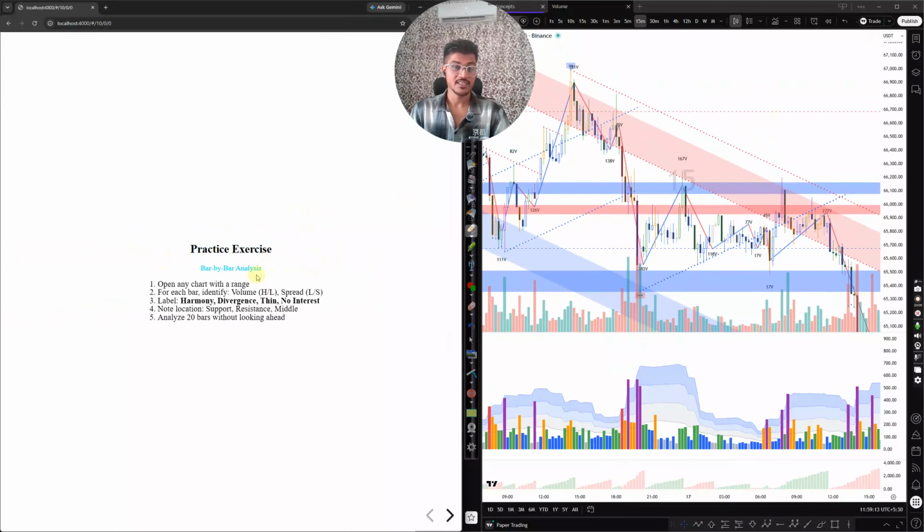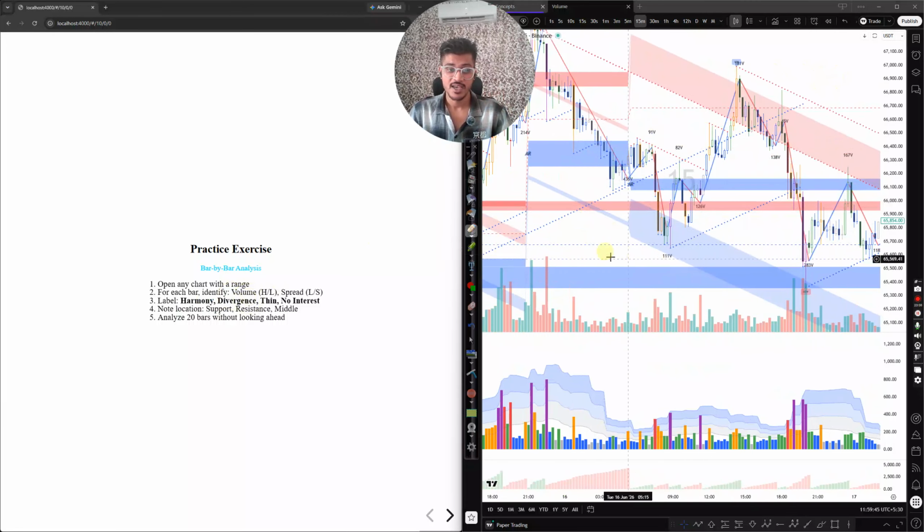So the practice exercise for you is to do a bar by bar analysis of what the price and volume are doing together. Open any chart with a range. For each bar identify volume, high, low, and spread. Then label harmony, divergence, thin, or no interest.